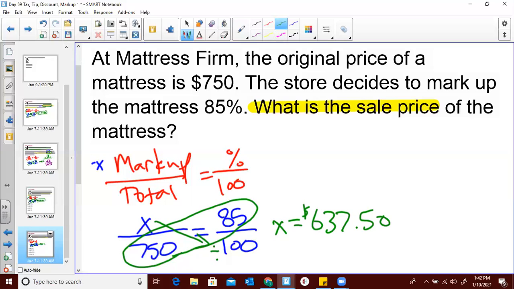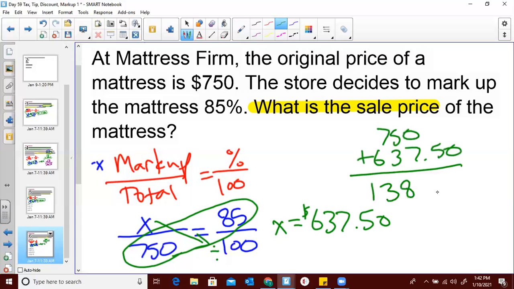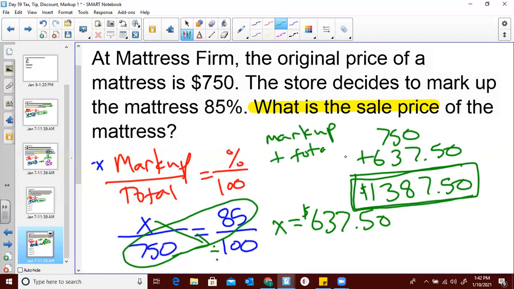So we're going to take our $750 original price and add our markup to it, and you'll see that our total is $1,387.50. And that would be your final answer, because we have to add our markup plus total to get our sale price, our final price, our total price.